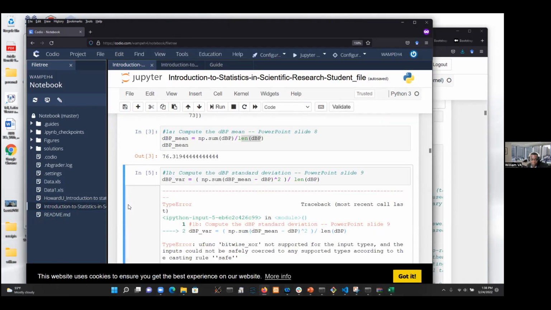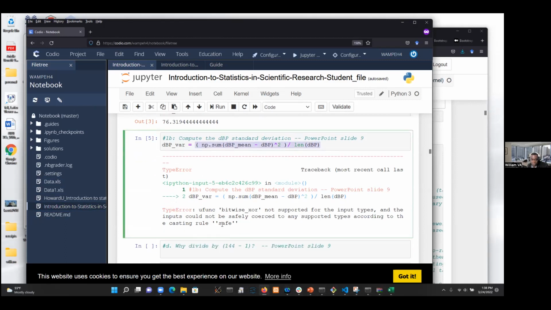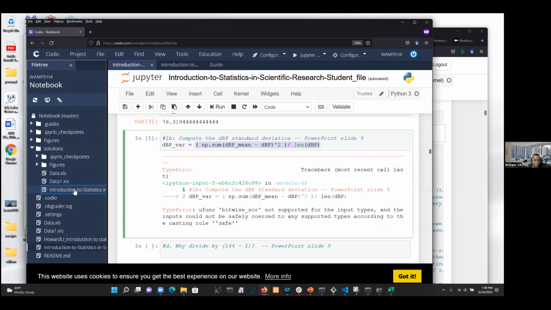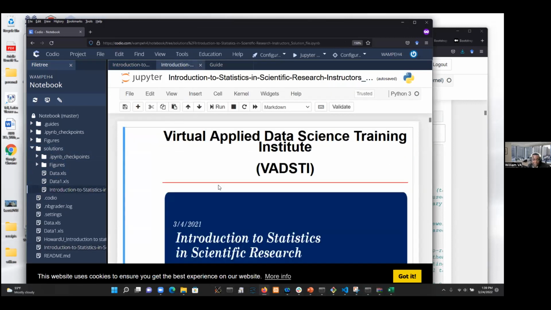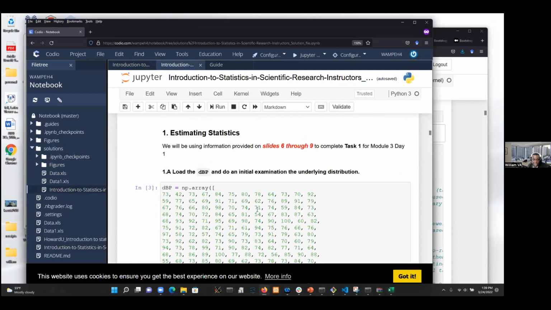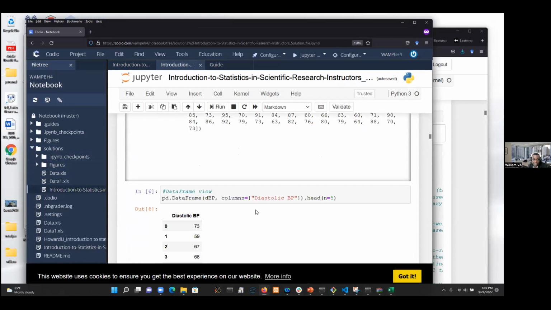I could have fixed it, but I want you to see that if you go on the literal side, you could get an error, and when you are unable to decipher it, just look at the solution, the second one, the instructor solution. The solutions are in a folder called solution. The difference between the individual and the instructor file is that the instructor one has everything in there.